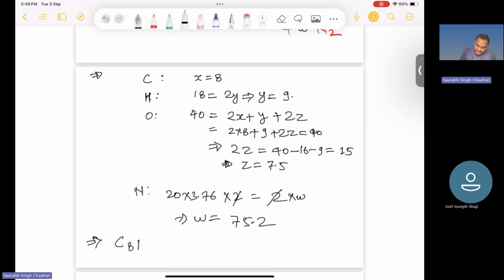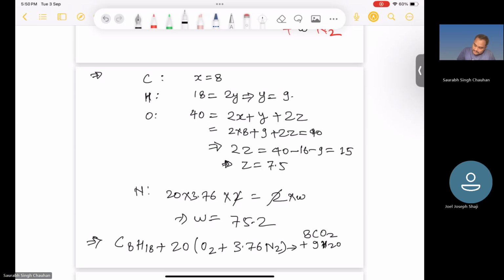We have C8H18 plus 20 O2 plus 20 times 3.76 N2 is equal to 8 CO2 plus 9 H2O plus 7.5 O2 plus 75.2 N2.